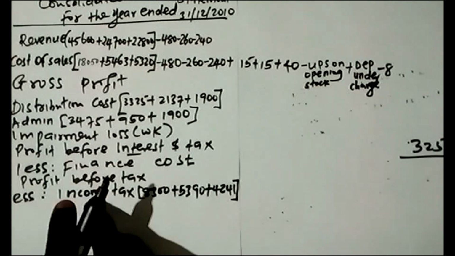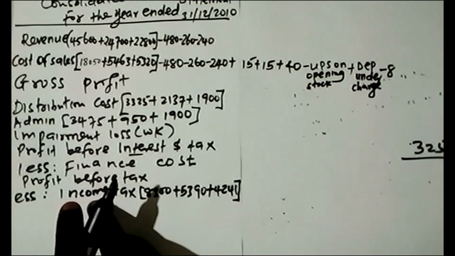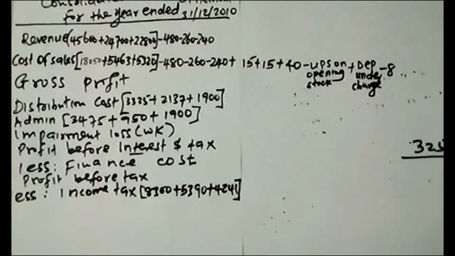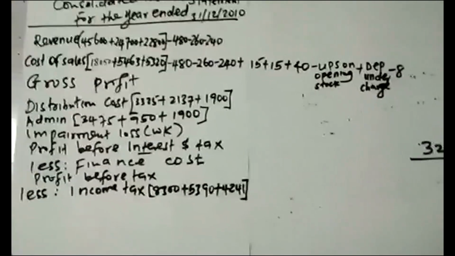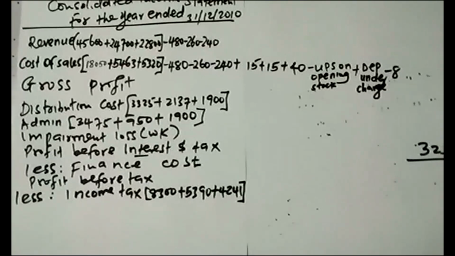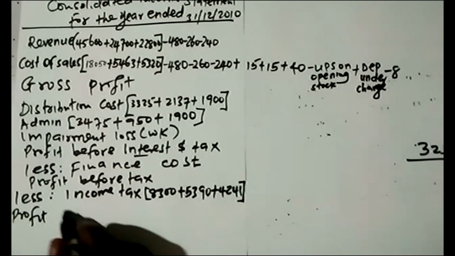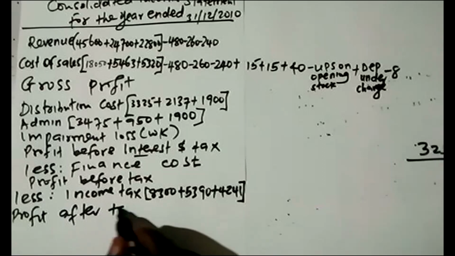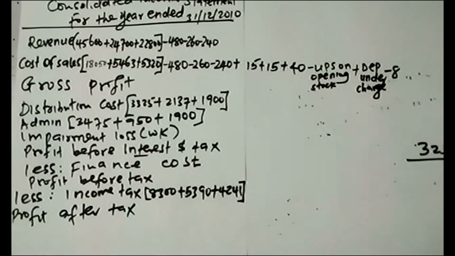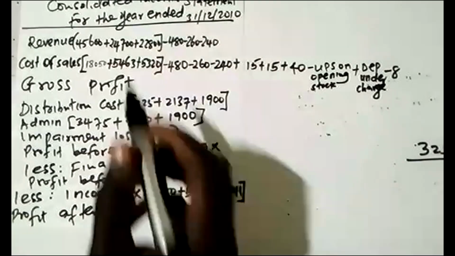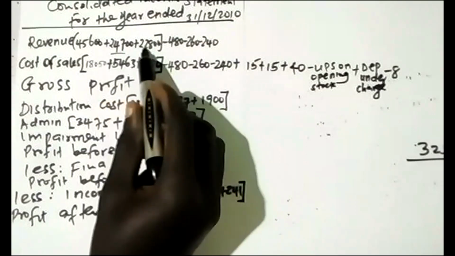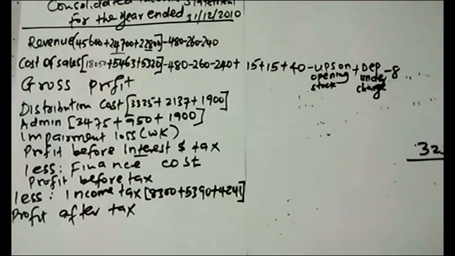Then after getting that relevant tax, we always say that we have a profit after tax. After getting profit after tax, remember that the parent has been consolidating these entities fully.